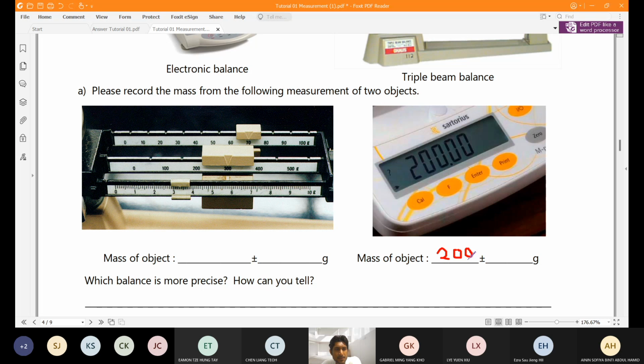What about for this triple beam balance? What is the mass or weight for that object? So this is 300 that we understand. Somebody replied here. Oh, okay. So for the triple beam balance, anybody?